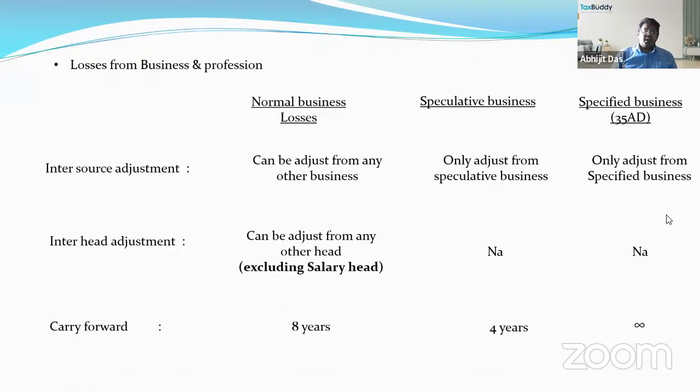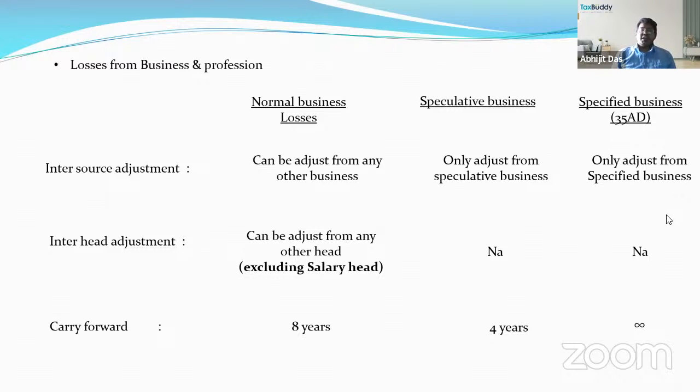Inter-source adjustment in case of normal business can be made against any other business. Inter-head adjustment can be made against any other head excluding salary, and the residual loss can be carried forward for a period of 8 years.